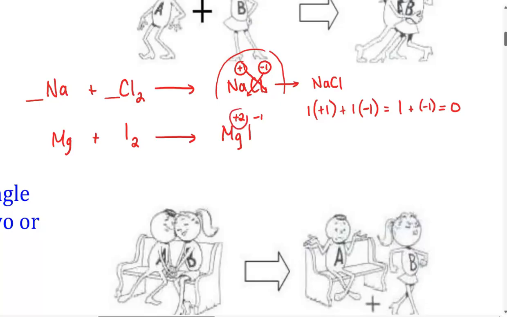Okay, so we're going to do our crisscross method. Our 2 is going to come down behind the iodine, and our -1, we're going to drop the negative, make it a positive, and it's going to come down behind the magnesium. All right, so we end up with MgI2.